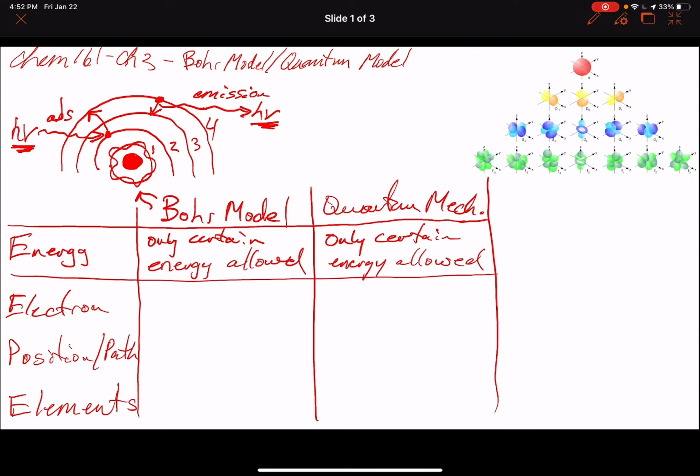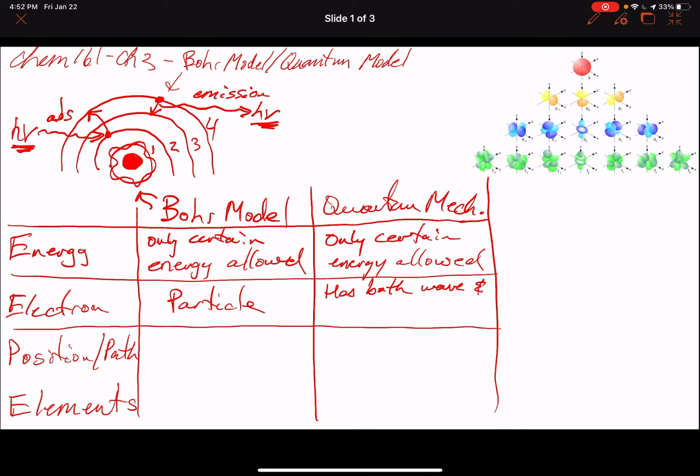Okay, what about the description of the electron? In the Bohr model, as we have in the diagram above, that electron is still modeled as a particle on an orbit. So the Bohr model still thinks of the electron as a particle. In the quantum mechanical model, we adopt the idea that because the electron is so small and so light, it has both wave and particle type properties.